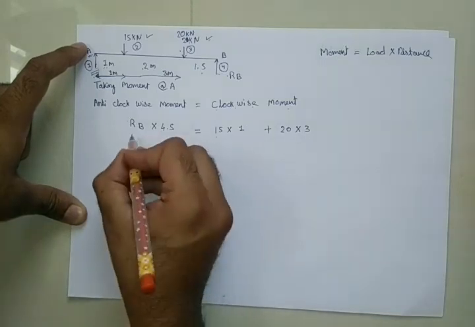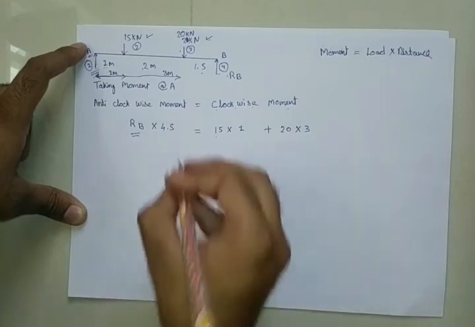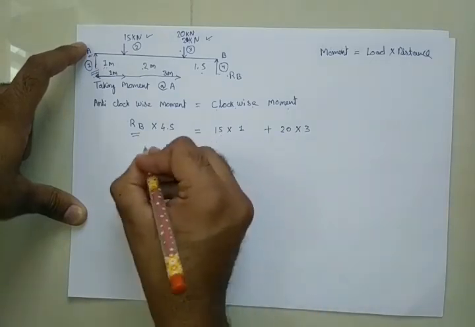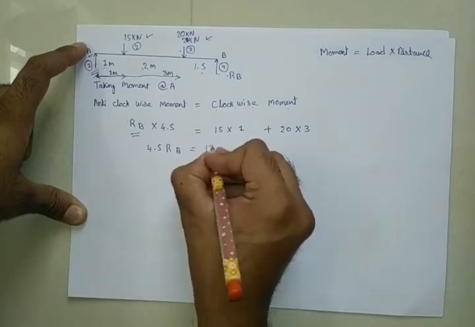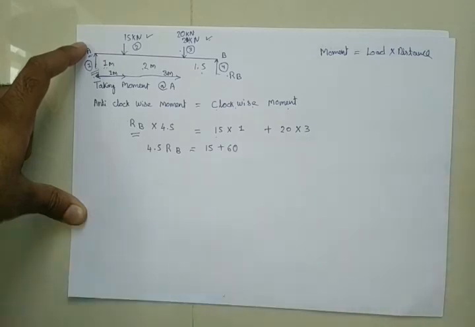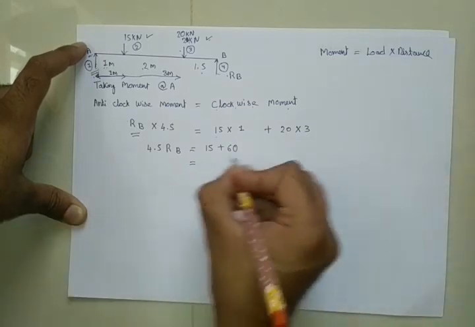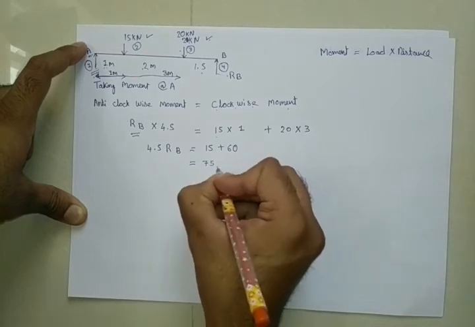Right. Now you need to find out RB, that is unknown. Now to find RB, 4.5 RB is equal to 15 plus 60. Right. So that is equal to 75. Right.